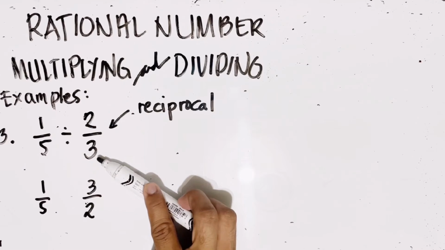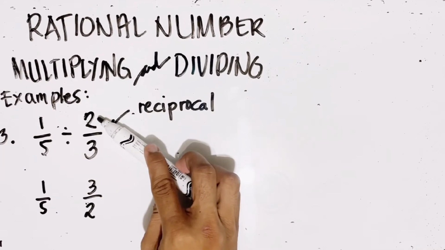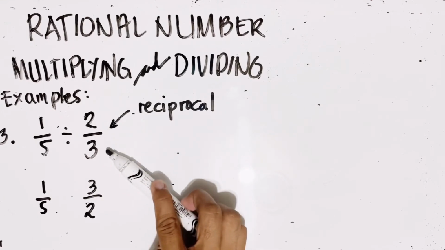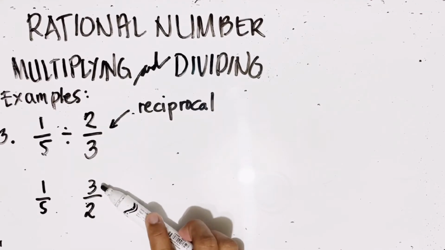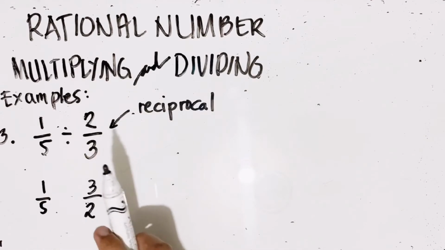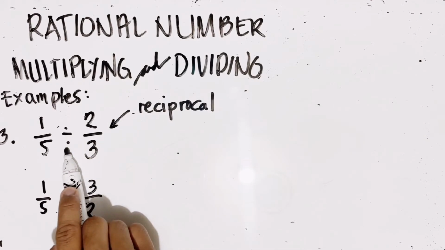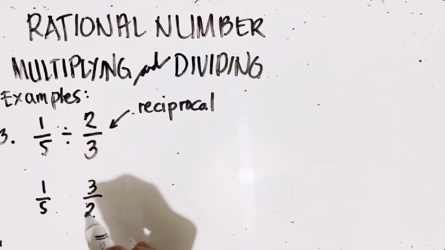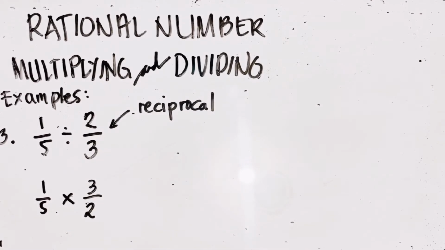The denominator will become the numerator and the numerator will become the denominator. Now, change the division sign to a multiplication sign. So, we will proceed now to multiplication of rational numbers.